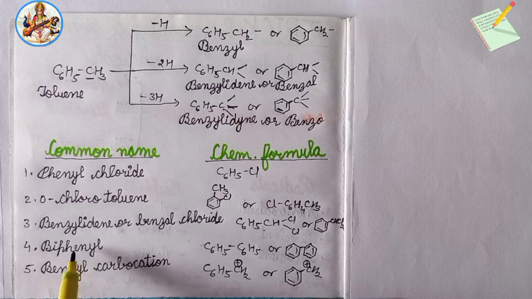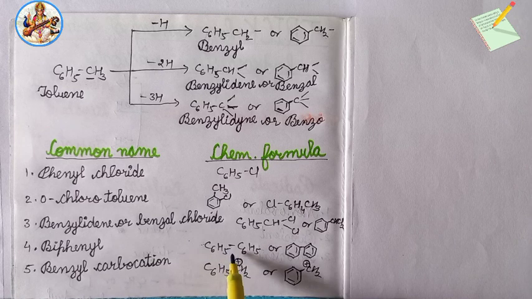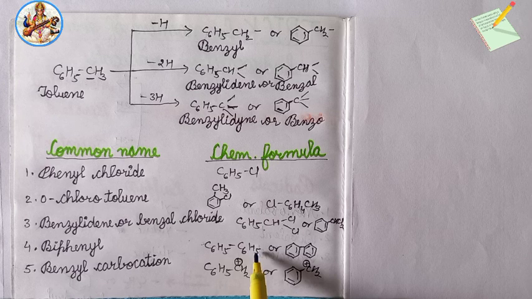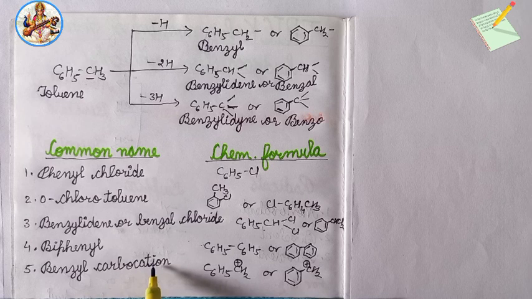Now next, fourth example, biphenyl. We know that the phenyl radical is C6H5, and when two phenyl groups are directly attached, then we get the chemical formula of biphenyl, C6H5 single bond C6H5. Now next, fifth example, benzyl carbocation.